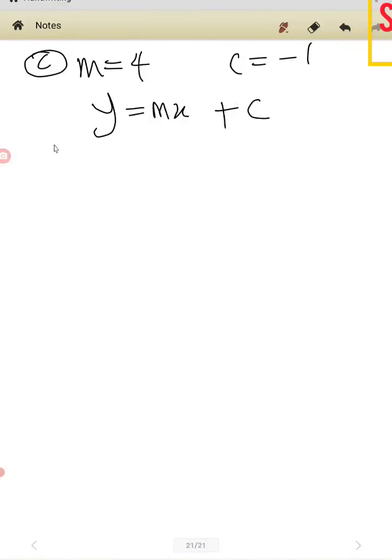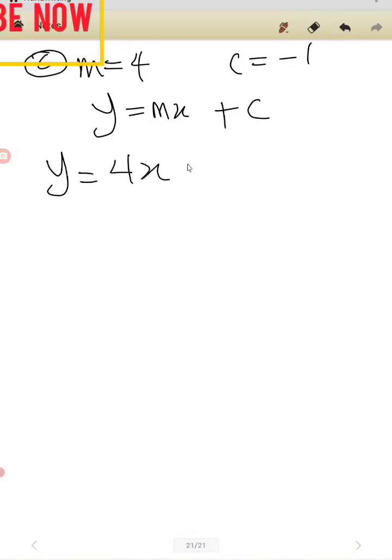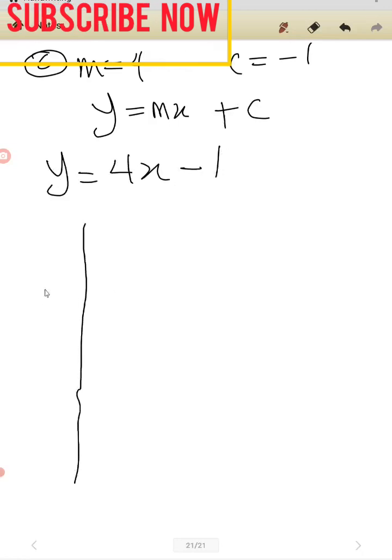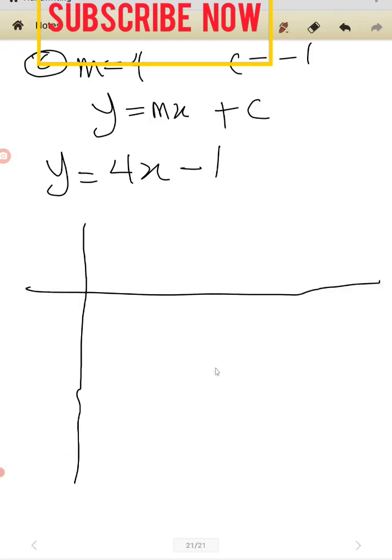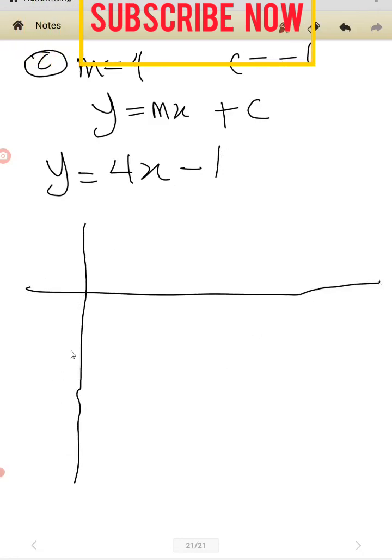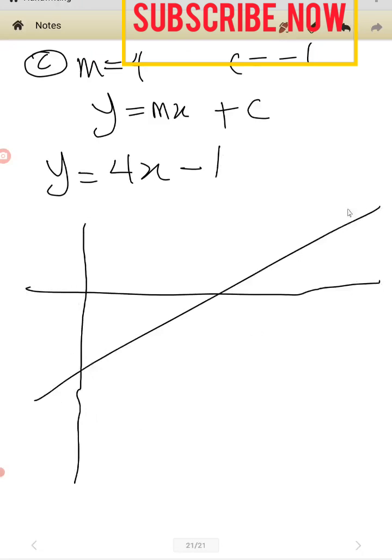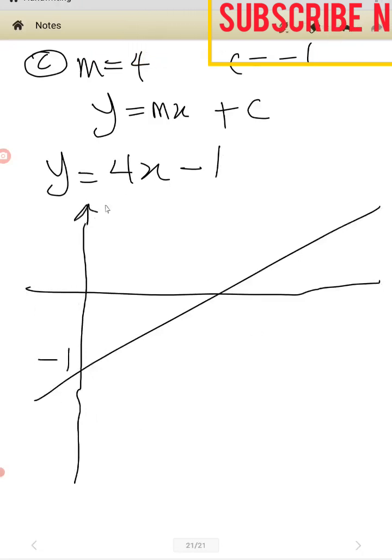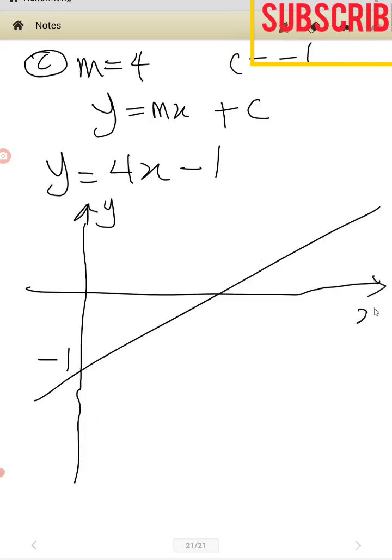The only thing you need at this junction is to substitute, whereby y is equal to 4x minus 1. In case you have to sketch this, it is so simple. You just sketch something like this because it moves to minus 1. Can you see it now? This is minus 1. This is the y-axis. This is the x-axis. This is how it moves. So this is the equation of a straight line.